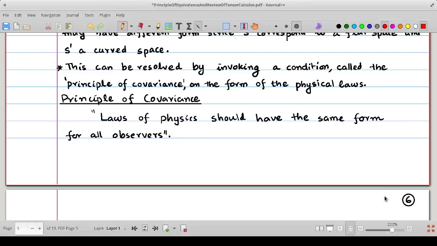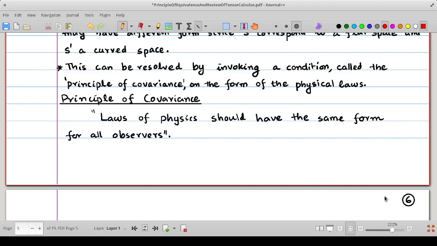So we have now discussed two important principles that will lead to the general theory of relativity. The first one is called the equivalence principle, which in the form of Einstein's equivalence principle says that the laws of physics should reduce to those of special relativity in small enough regions of space-time.